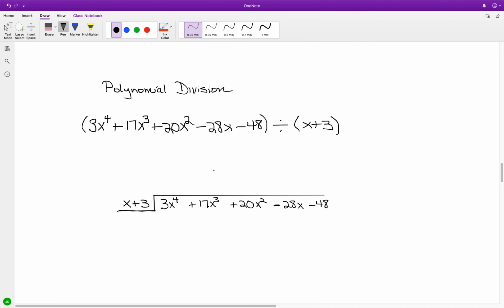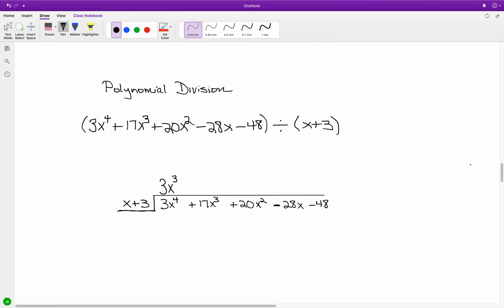So to start off, if we're looking for the number of times that x plus 3 goes into this fourth order polynomial, we take the first term x into 3x to the fourth. So the first term in the quotient, 3x to the fourth divided by x, is going to be 3x cubed.